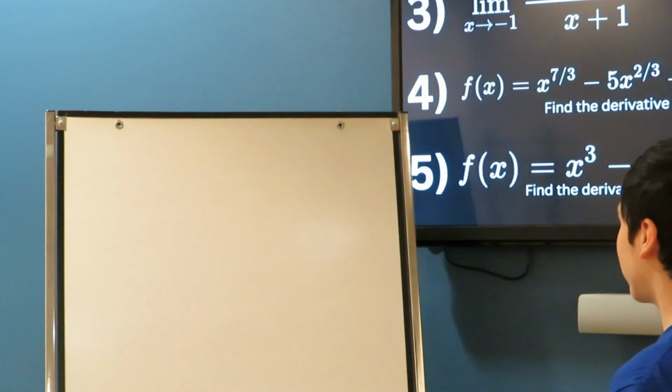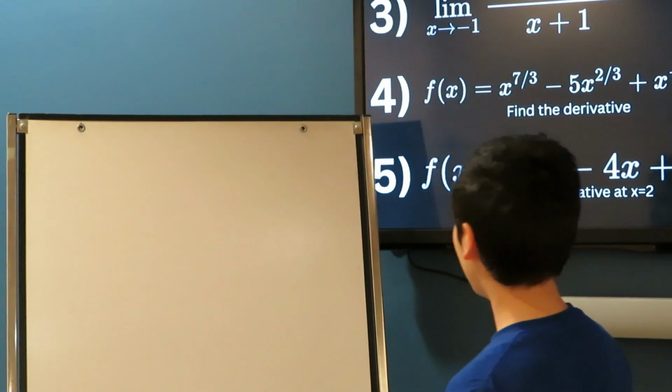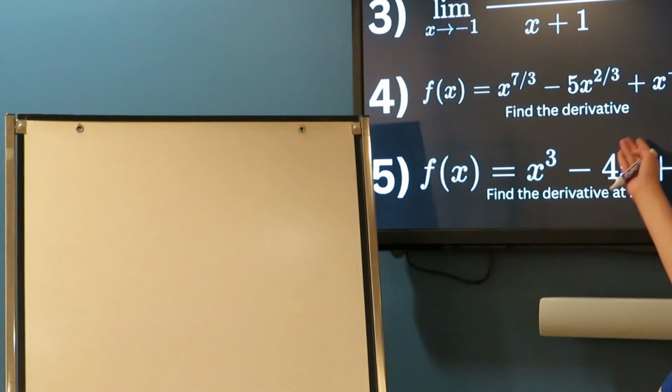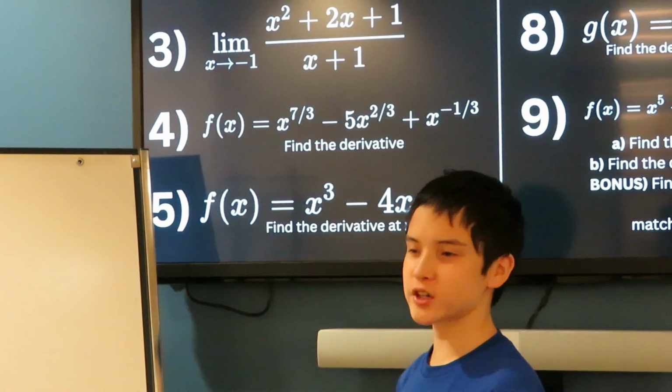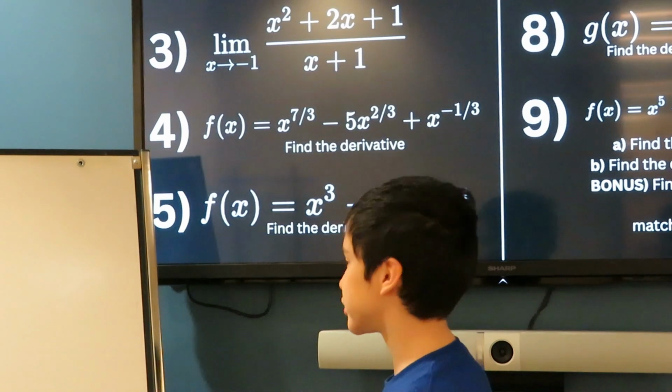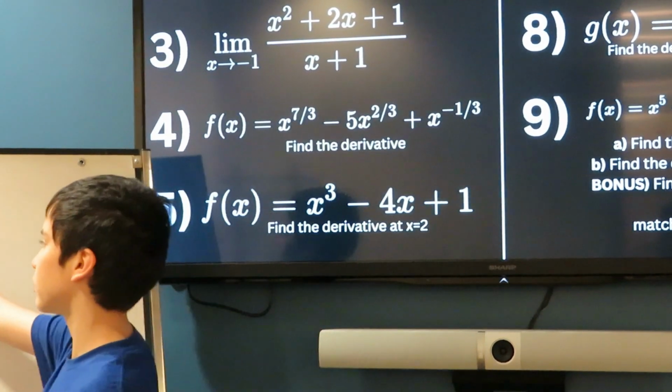Okay, now for the fourth question. We're asked to find the derivative of this function f of x. So this is another polynomial with fractional exponents. So now we still have to apply the power rule.